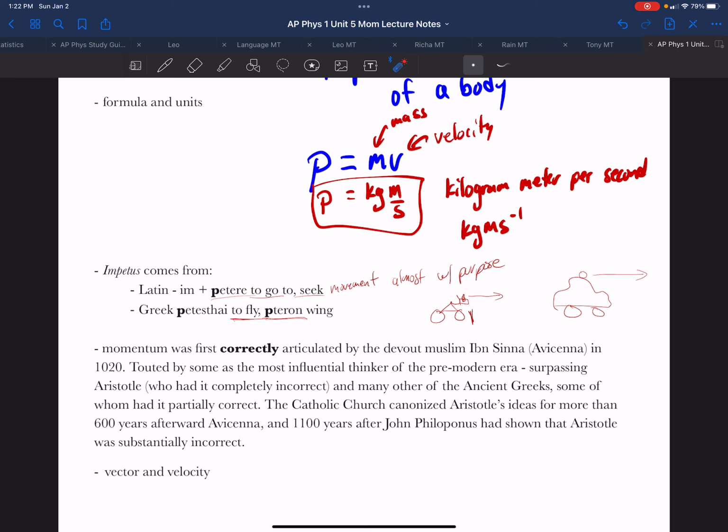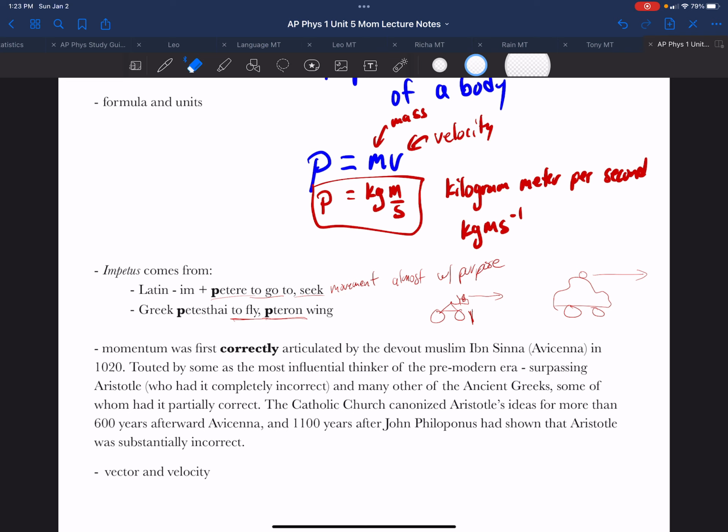So Avicenna, who most of you have probably never heard of, actually surpassed Aristotle, whom everyone has heard of. And by the way, Aristotle had the idea of momentum completely incorrect. Every aspect of it was wrong. Shortly after his time, there was a fellow, John Philoponus, who got it more correct than Aristotle, much closer to being correct. John Philoponus made corrections to Aristotle's ideas which are more in keeping with what we understand and much closer to the modern day.